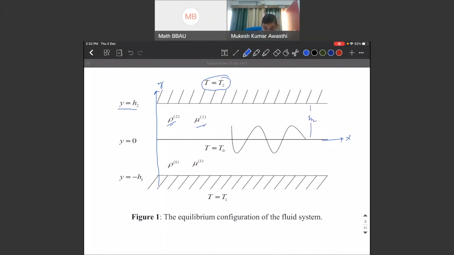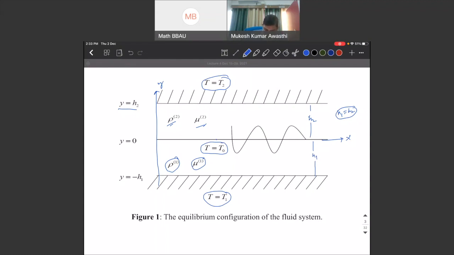In the lower phase, the density is rho 1, viscosity mu 1, temperature T equal to T1, and the width is h1. We can take h1 as h2, that will be the special case. Here we have taken the most general case, and in the equilibrium state, the interface has temperature T equal to T naught. We are taking a thermal equilibrium system.